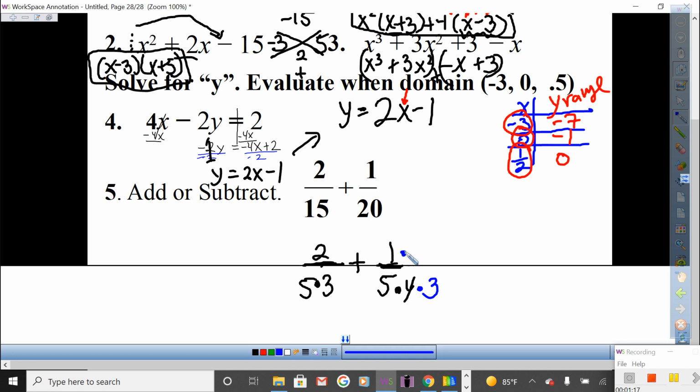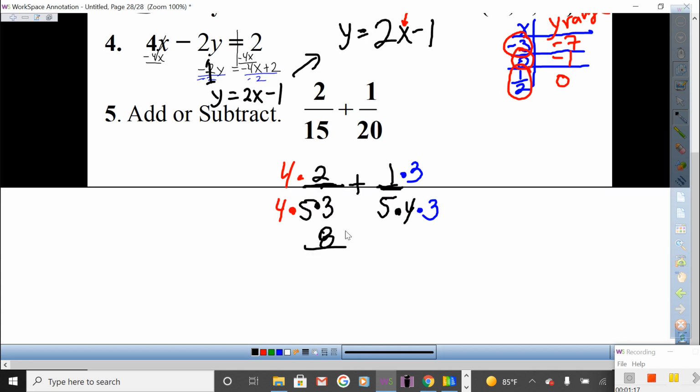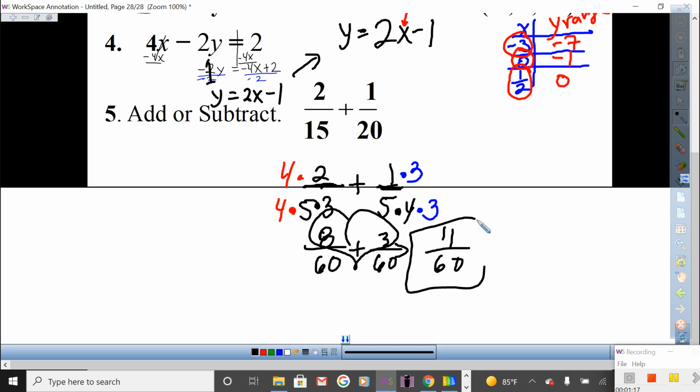A 3, a 3. What does the second denominator have that this one has? Needs 4 and 4. Therefore, 4 times 2 is 8 over 4 times 5 is 20 times 3, that's 60. 3 times 1 is 3, and this is 60 as well. Common denominator 60, and then we focus on the numerators. That's 11.